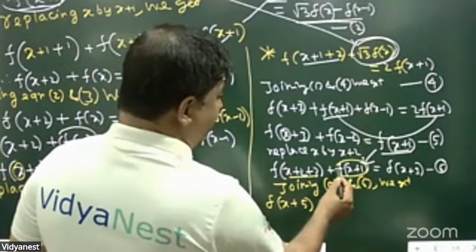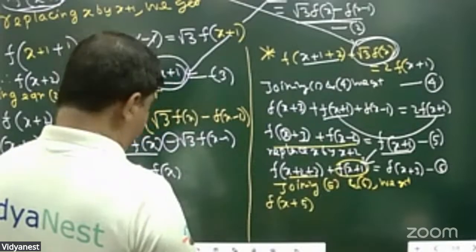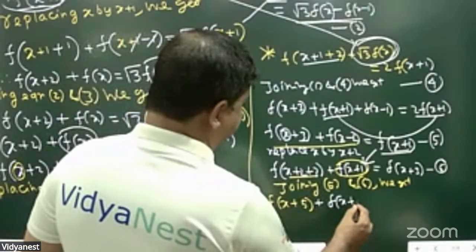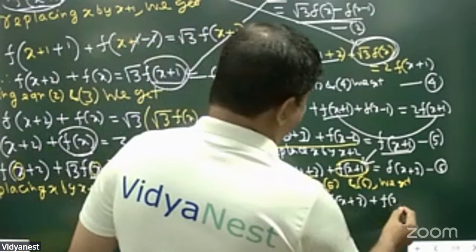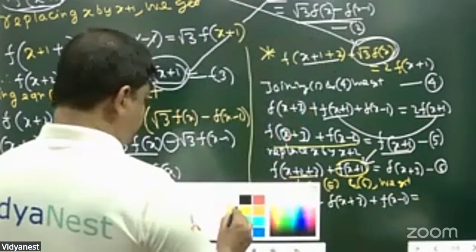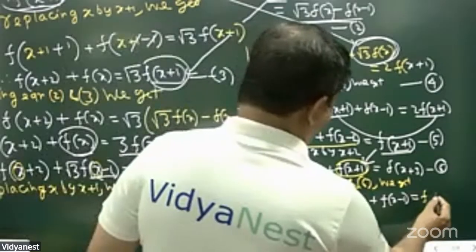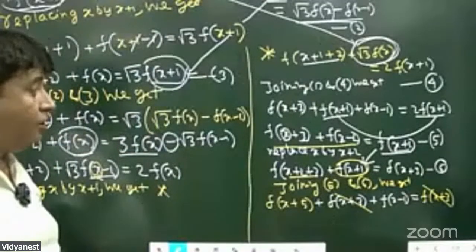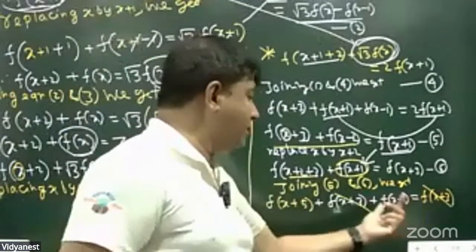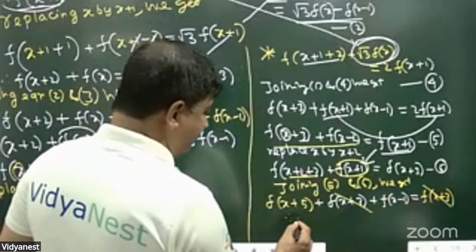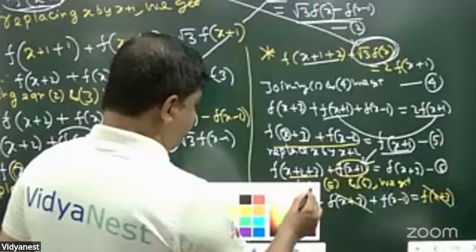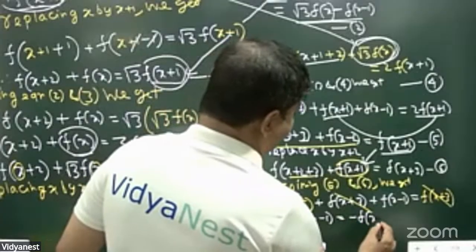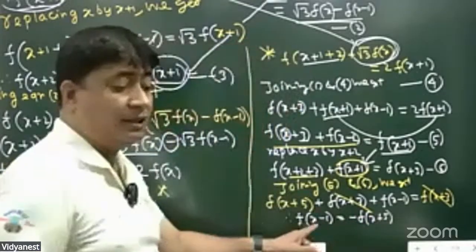Instead of this f(x plus 1), you replace this. From both sides, I can cancel. So from equation 3, I am able to convert it to 2. So I can write f(x minus 1) is equal to minus f(x plus 5). Still there is a minus sign inside the function.